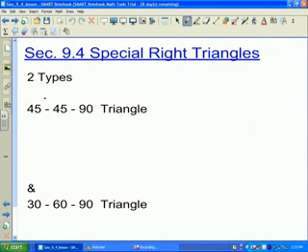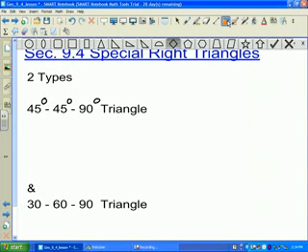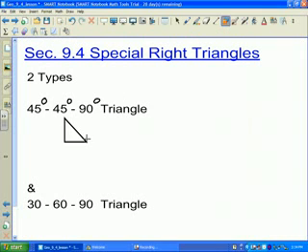First up, we have our two types of special right triangles. We have a 45-45-90 triangle, and a 30-60-90 triangle. All triangles are special in my heart, but this one is special for other reasons. Again, we're talking about right triangles here.